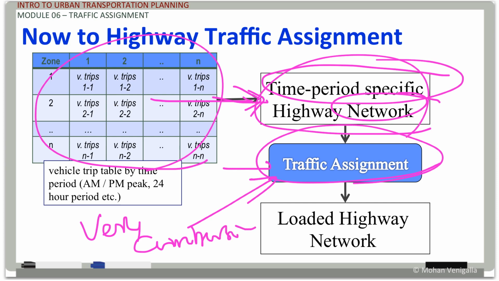Sorry for the handwriting, it looks like gibberish. Anyway, then comes the loaded network. 66 between exit 62 and exit 60, eastbound: X number of vehicles. The program tells you, under the scenario you are studying, and that's the output. That's your main goal of traffic assignment.